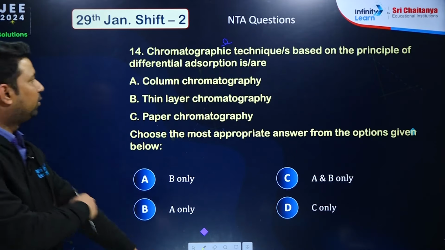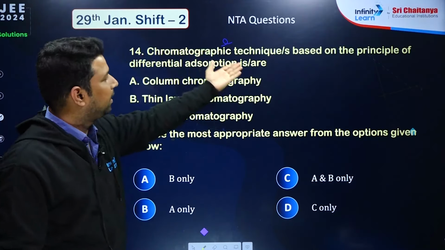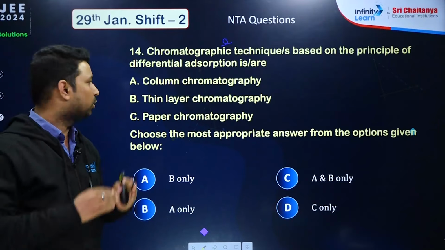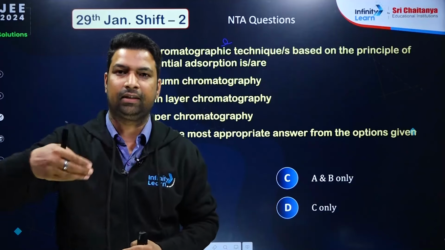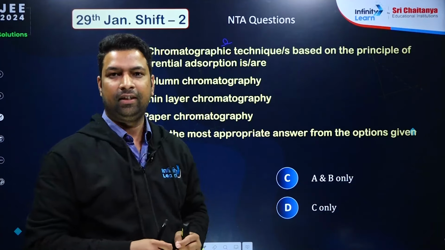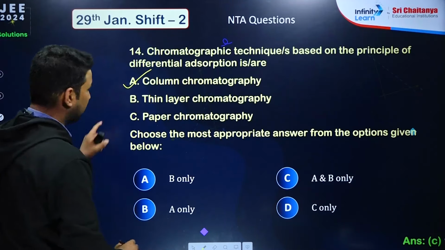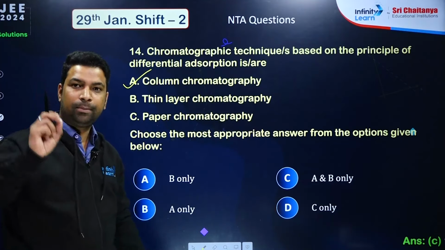Now question number 14, clearly memory based. Chromatographic technique based on the principle of different adsorption. Clear cut column chromatography. You dip a paper into it and check the levels. Remember? So this was option C. This is thin layer chromatography as well. Have you done the practical of this?